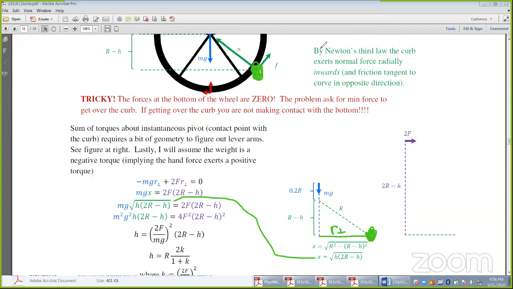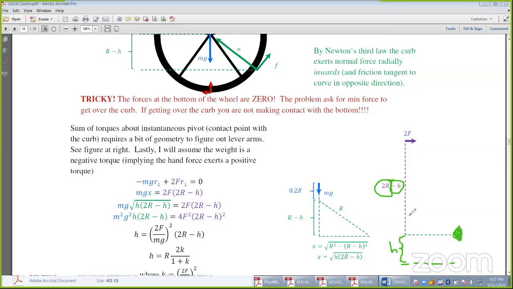Now this other one, look at this crazy one right here. We know that here's my pivot point. Well, in this particular case, because this distance was h, this distance is the diameter, or 2r, minus h.